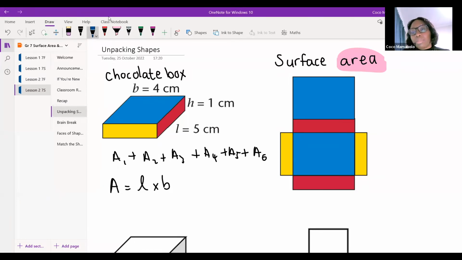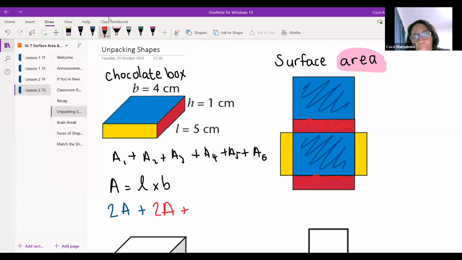And I can look, I can be like, okay, this side over here is blue and this side over here is blue. So what I can do is calculate 2 times the area of the blue sides, and I can add that to, that one is red and that one is red, 2 times the area of the red plus 2 times the area of the yellow parts of this part and that part.